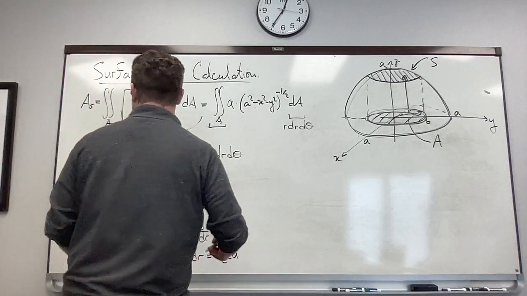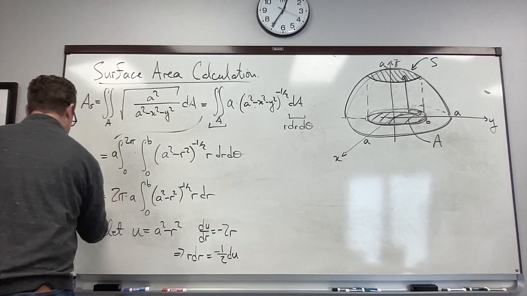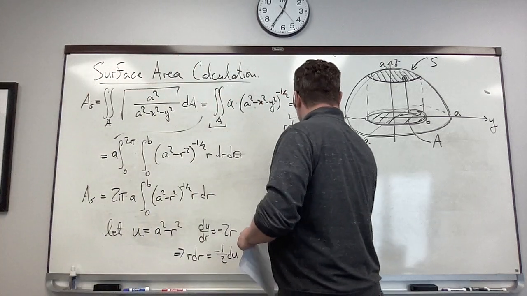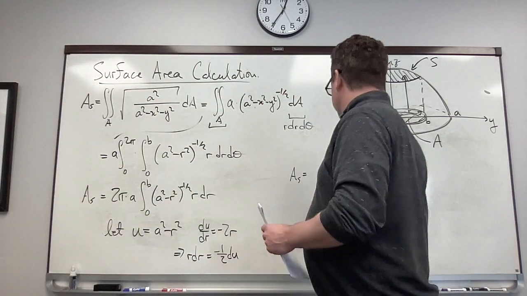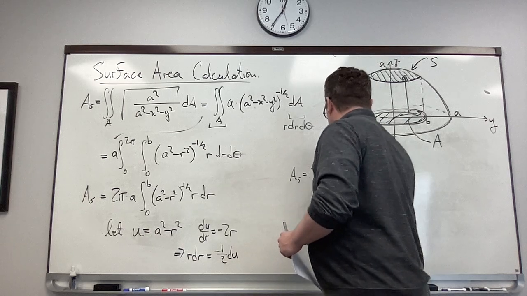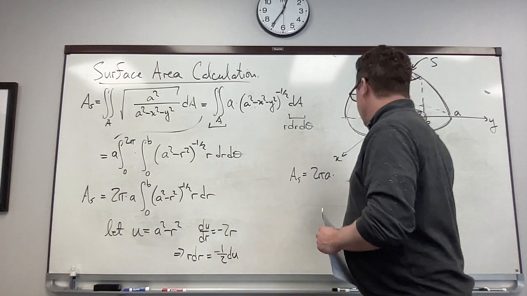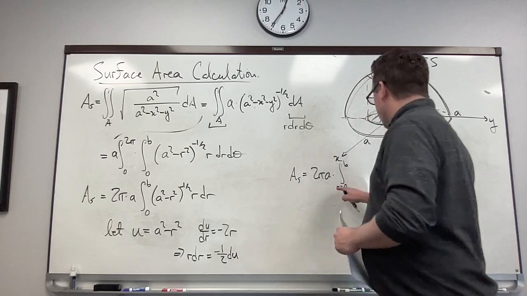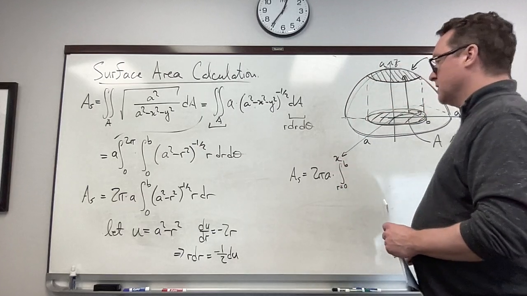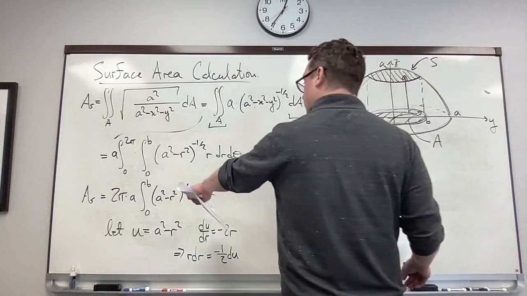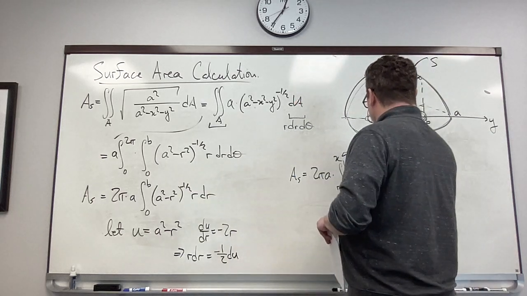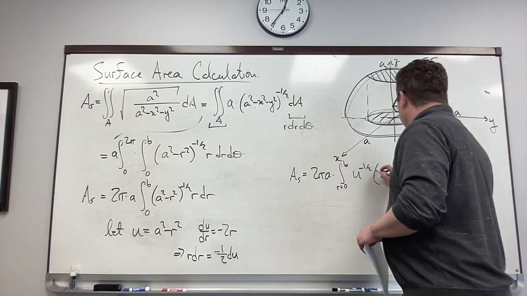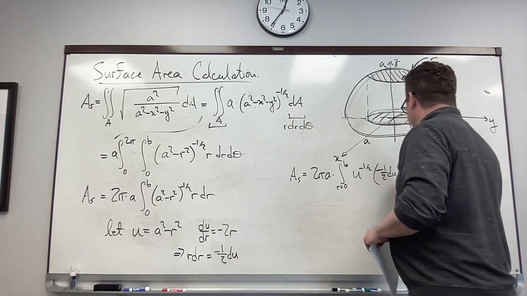So this integral, let's write this as capital A sub s. A sub s equals, okay, we still have 2 pi a and I still have 0 to b. I'll write r equal there just so I don't forget that that's set that way. And then I have u to the minus 1/2 and minus 1 over 2 du.